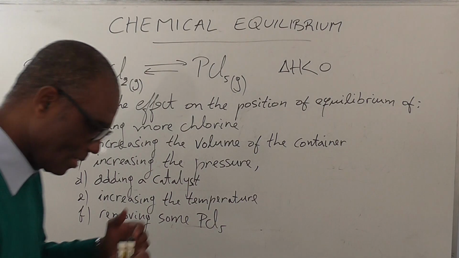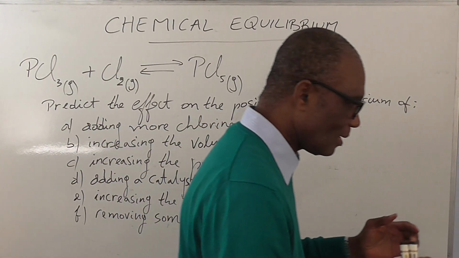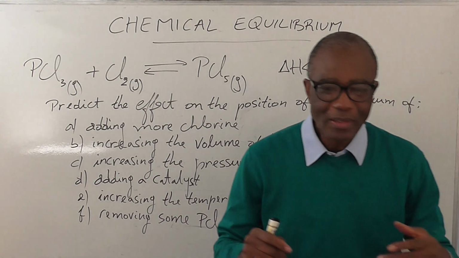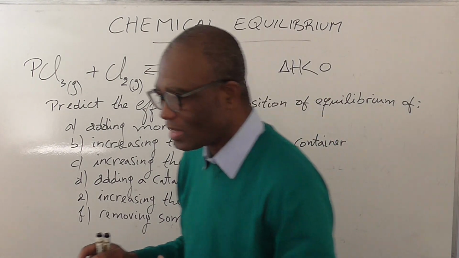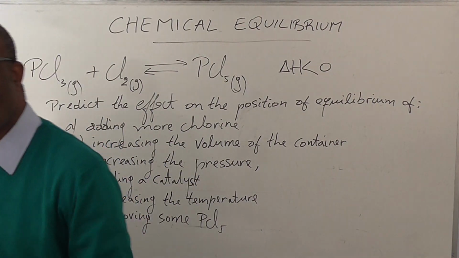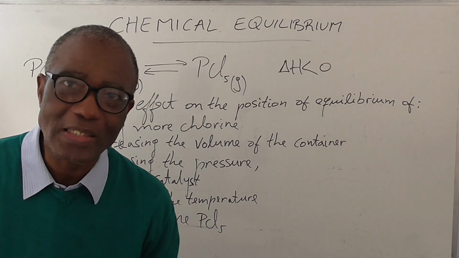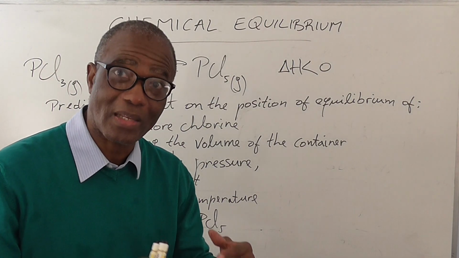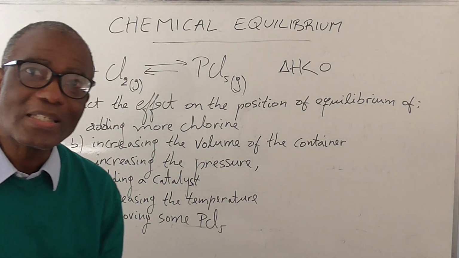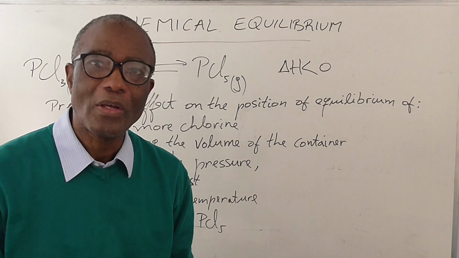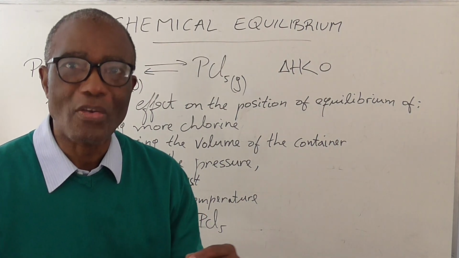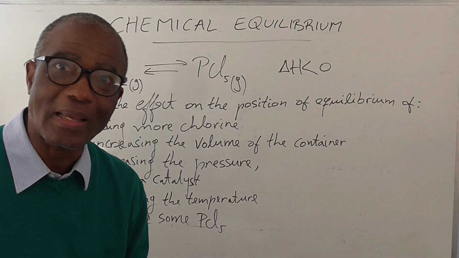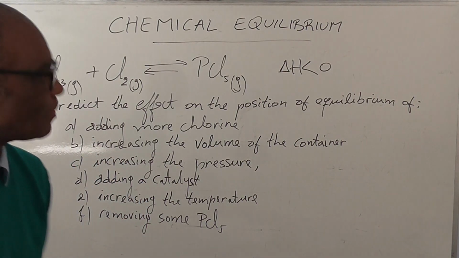So, remember, the Le Chatelier principle says that if a stress is applied to a system at equilibrium, the system will readjust to relieve the effect of the stress that is applied.